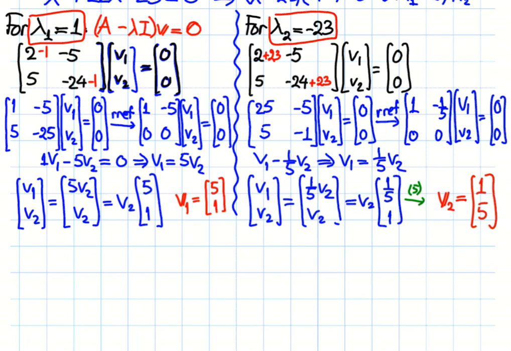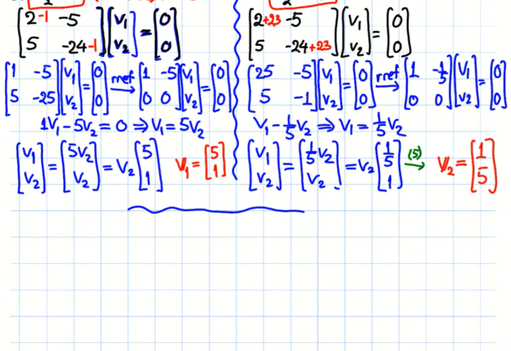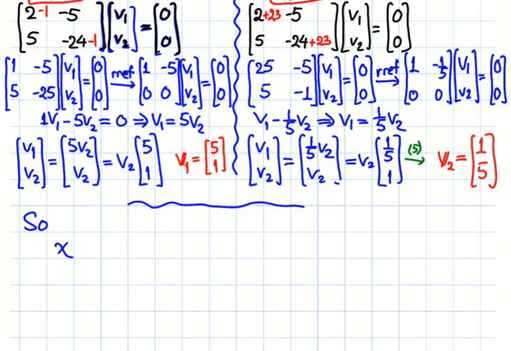Now we just write the solution. The solution will be in the form of C1 e to the lambda 1 t times eigenvector V1, plus C2 e to the lambda 2 t times eigenvector 2.